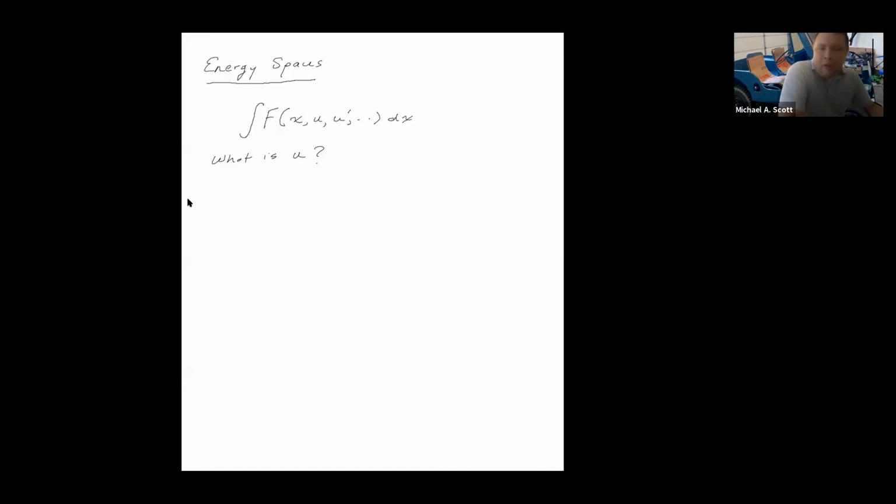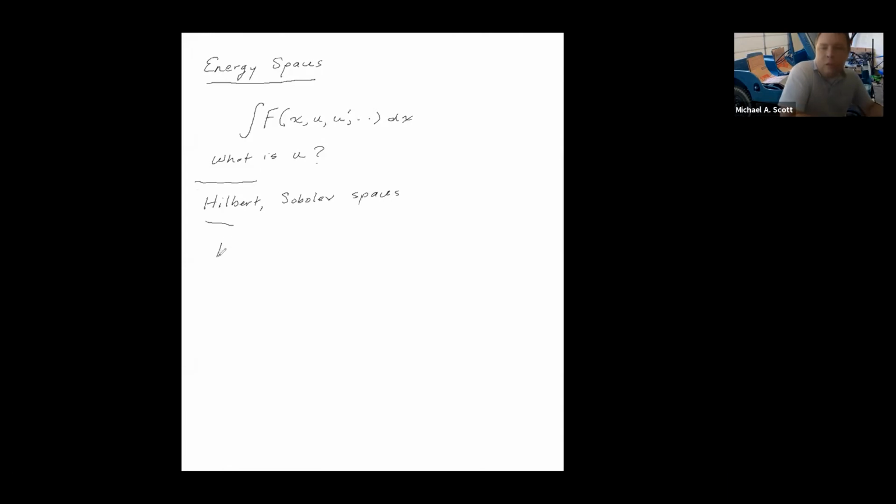Okay, and so let's define now what we call Hilbert, or more specifically Sobolev spaces. Let's first define what we call L2 spaces.